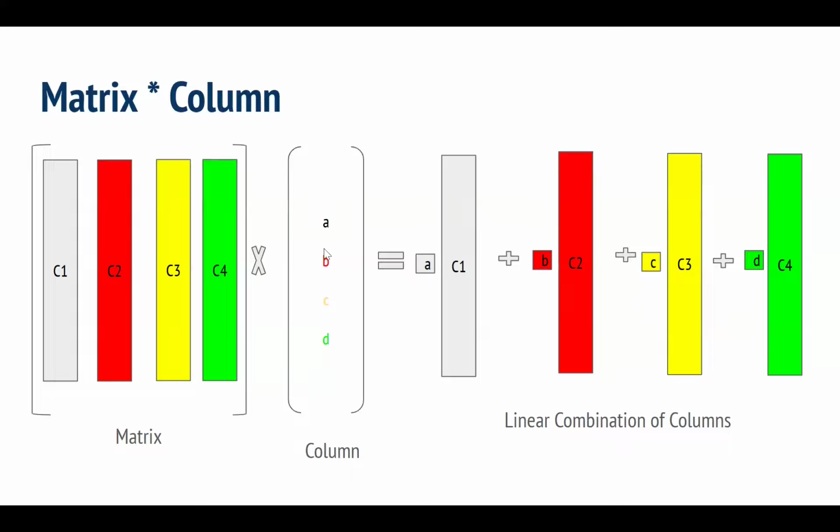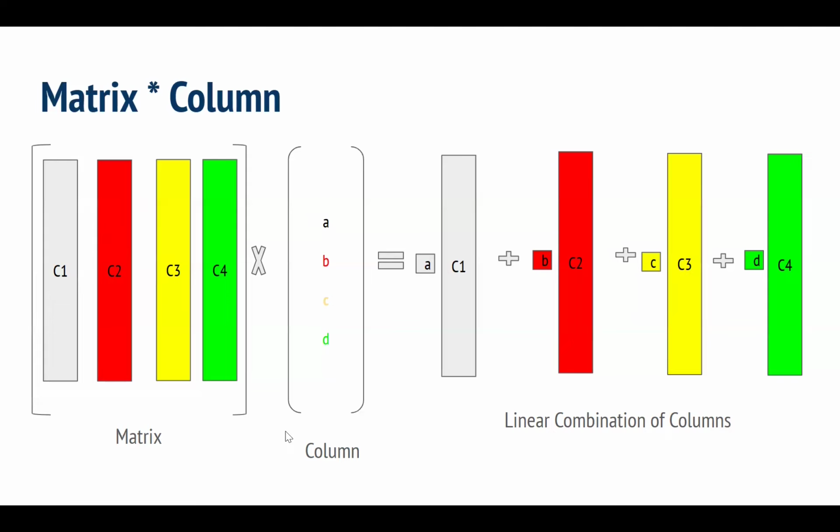For example, you multiply A by the full column C1, and that means you multiply A by each element in the column. You multiply B by the column C2, and C by C3, and D by C4, and so on. And then you sum all these columns together.